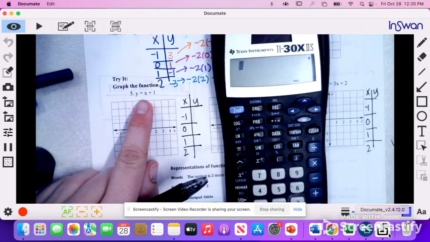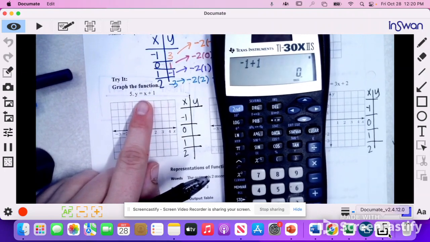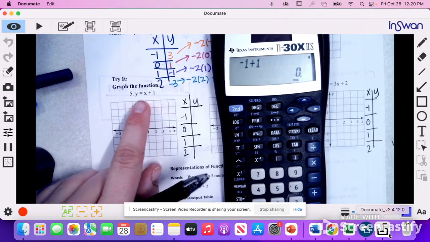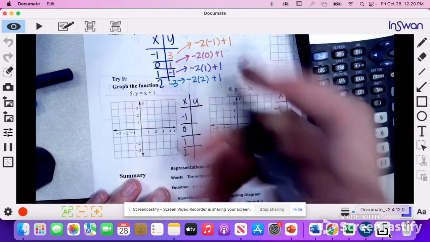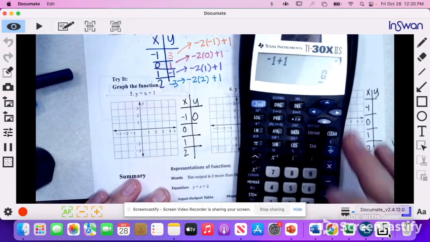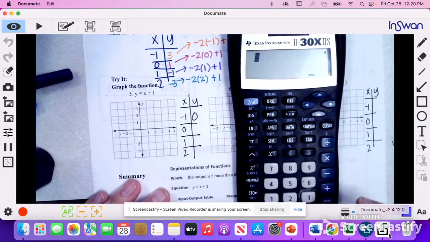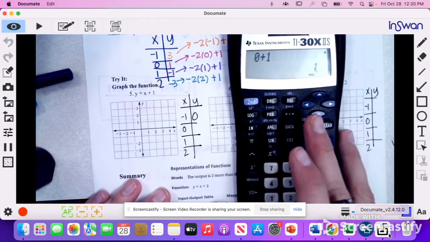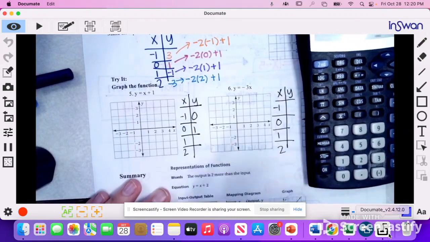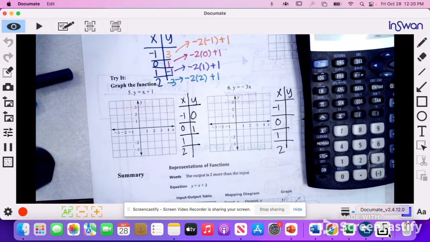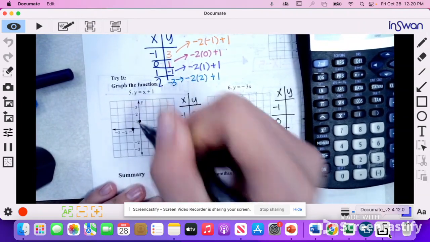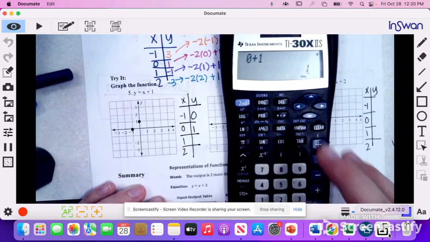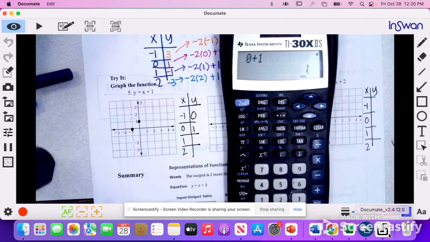For my x, negative 1 plus 1 gives me 0. Okay. Then you'll do 0 plus 1, which is 1. Okay, keep going. I'm going to put those 2 dots. Okay. Keep going with the other ones, and then we'll go over them in just a moment.